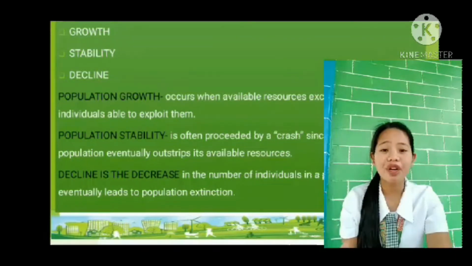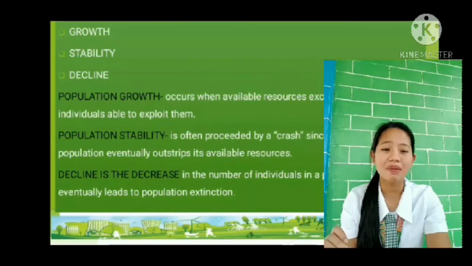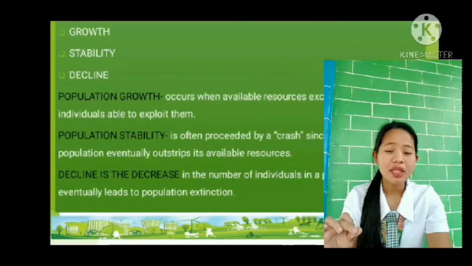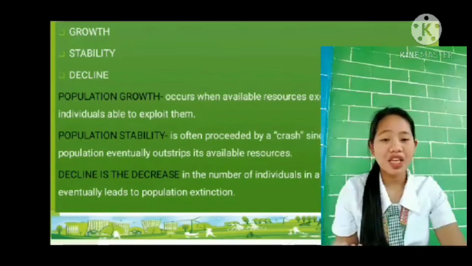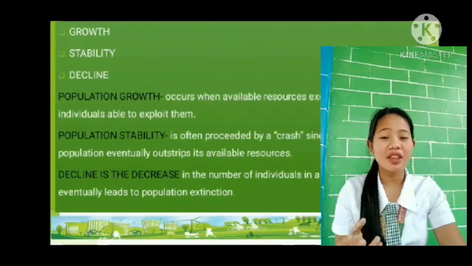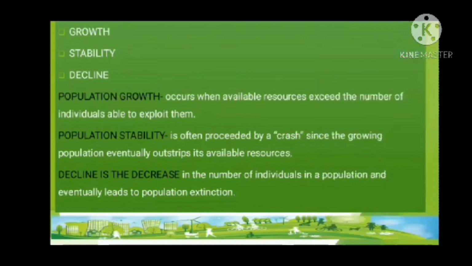If the population passes the maximum availability of its resources, then the population will be stable. Population stability has the longest span within the population life cycle.